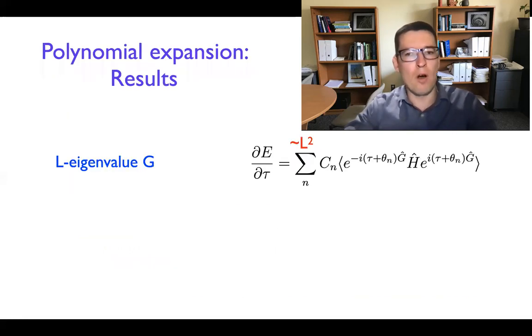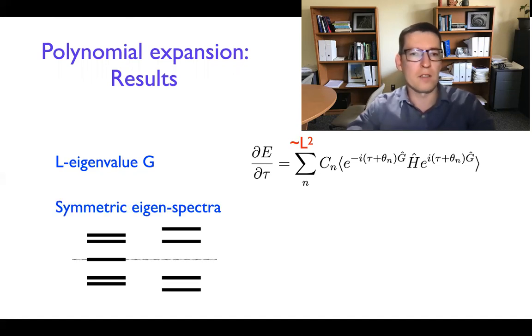Now, the main problem of this method is that the number of coefficients, and essentially the number of expectation values one would need to measure on a quantum circuit to get the gradient, scales as L squared, right? And that's not a very exciting scaling, because you can see that if you go to more complicated generators, the number of measurements you would need to do to obtain the gradients grows quadratically with the number of eigenvalues.